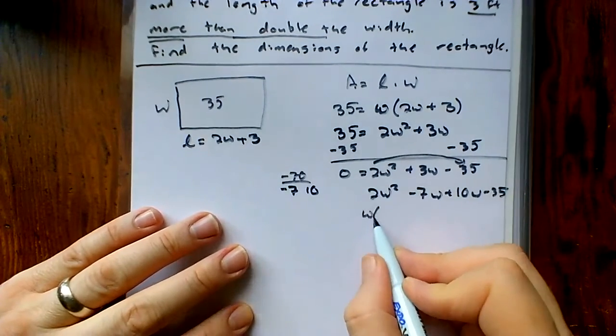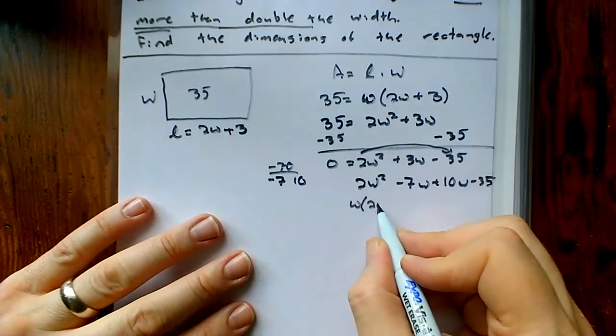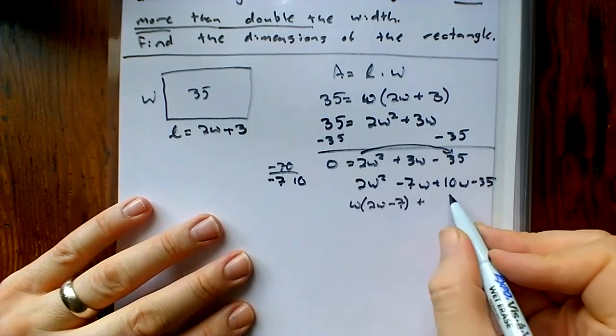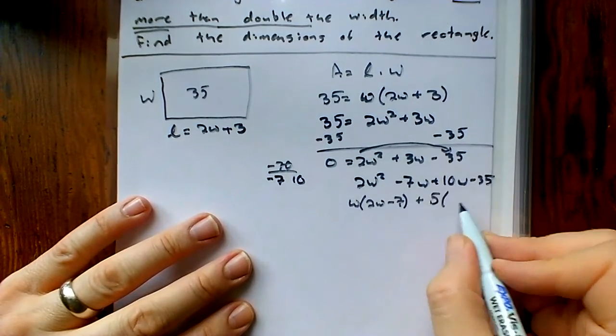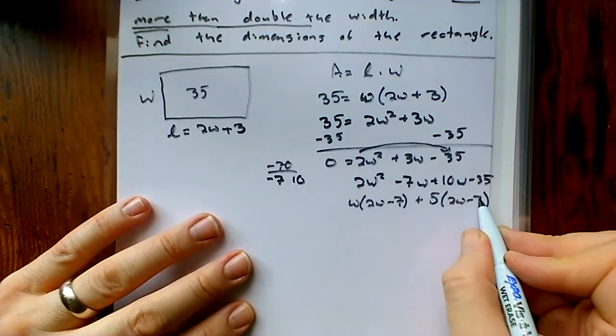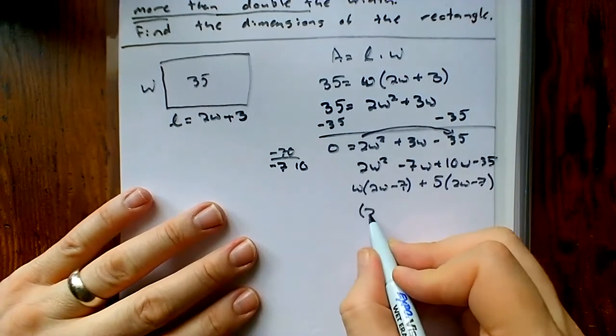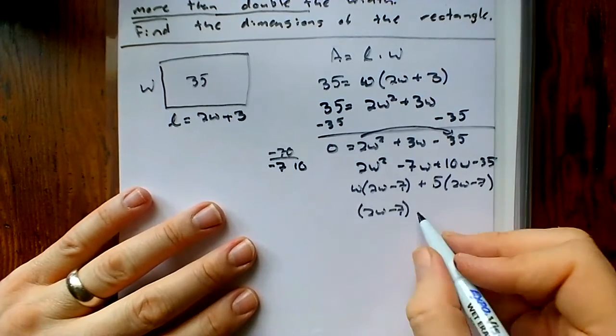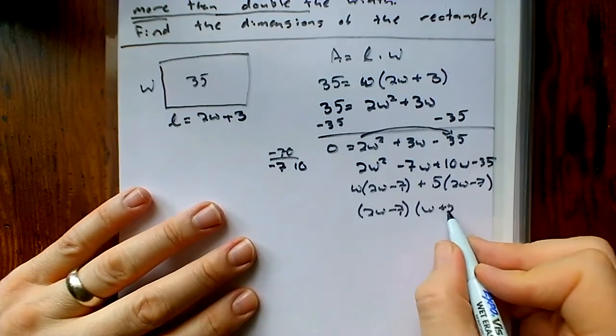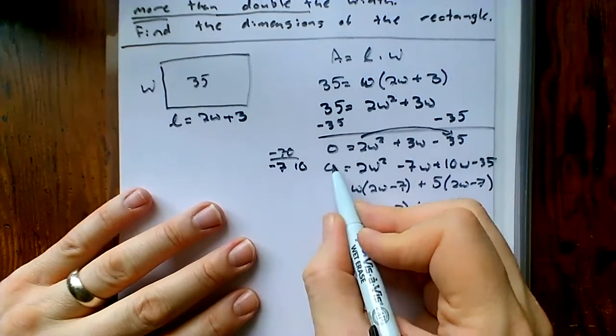And once again, we'll factor out our greatest common factor. And it looks like I could take a 5 out from these. So I'll have 2w minus 7 again. So I've got 2w minus 7 times my w plus 5. And this is still equal to 0.